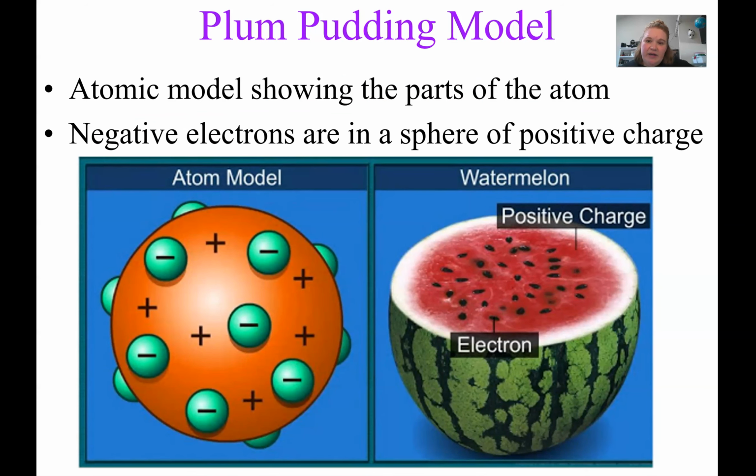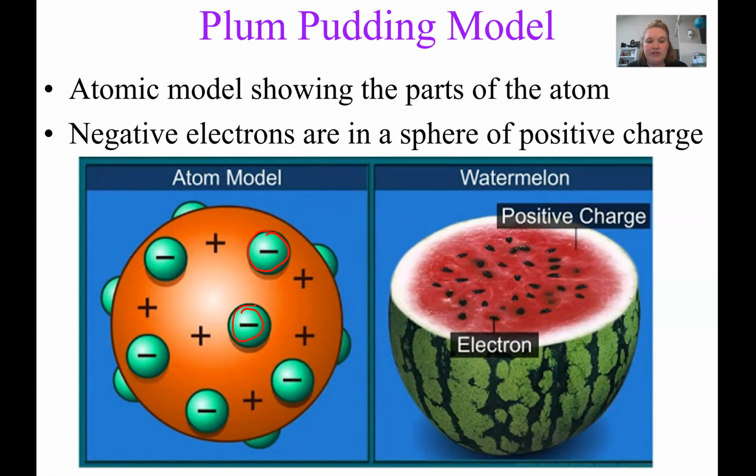So his theory that he came up with, his model, is called the Plum pudding model. And plum pudding's definitely a very British thing that probably none of us have ever had, so I like to use a watermelon to describe this. So on the left here we have his model, and we have our electrons that are very lightweight, and they're suspended in just a ball of energy.